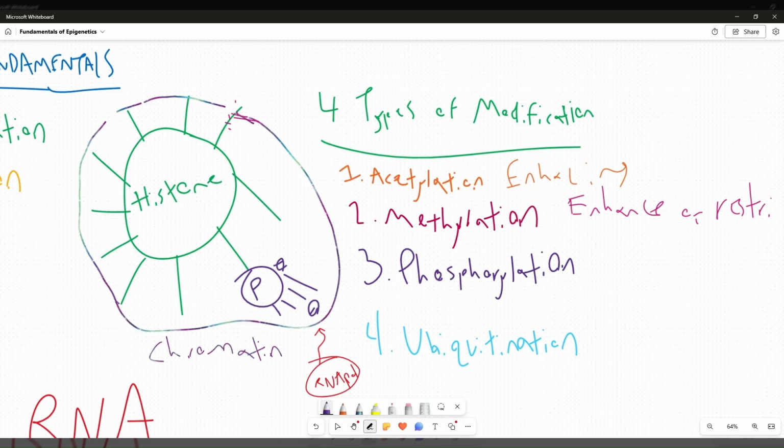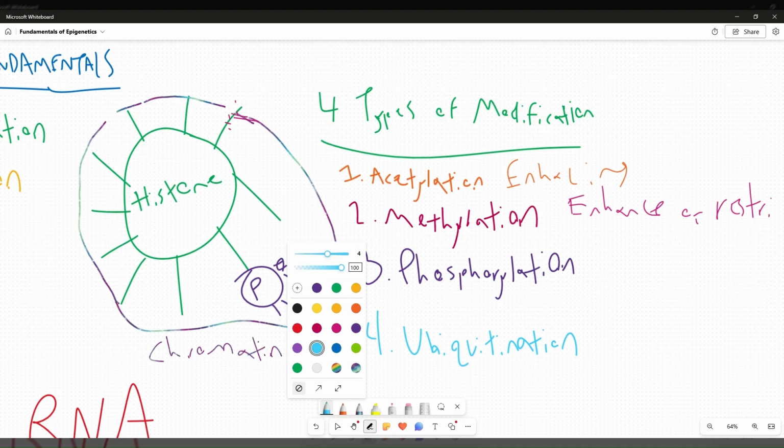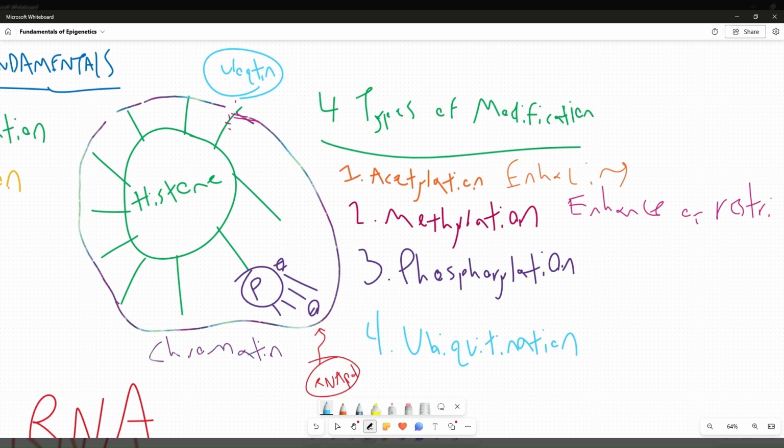And then lastly, you have ubiquitination, which is a protein called ubiquitin. So I'll draw out my little ubiquitin, something like that. And ubiquitin, well, it basically does the same thing.